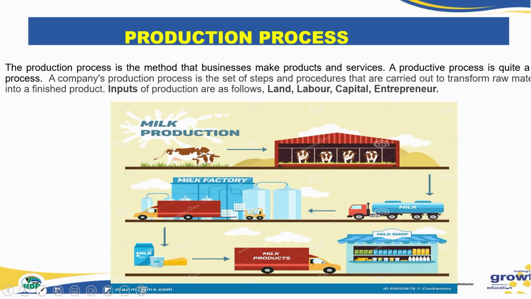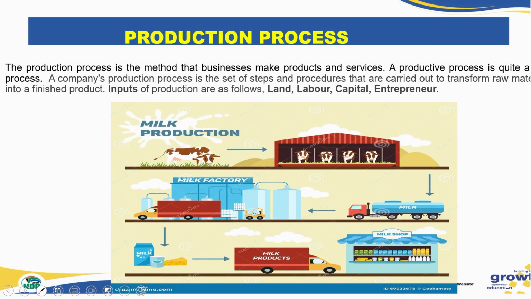And out of that, the cow will be sent to the milking parlor where there is a person, which is called labor, to milk the cow and to set the machines to milk the cow. And that milk from that parlor is carried into tanks and bottles so that it can be transported to the factory to change that raw material, which is milk, into something else, like cheese and also yogurt.